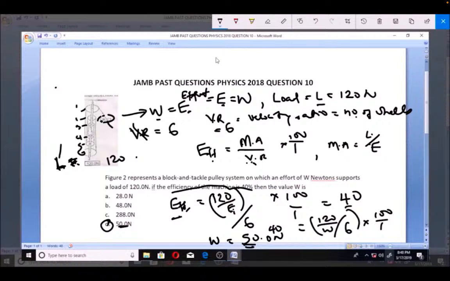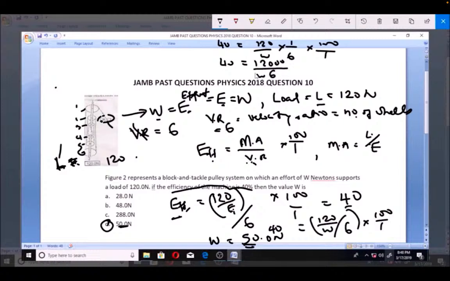So how do we make this the subject? We have 40 equal to 120 over W divided by 6, which is the same as times 1 over 6, times 100 over 1. If you multiply out, you have 40 equal to 120 times 100, which is 12,000, all over W times 6.